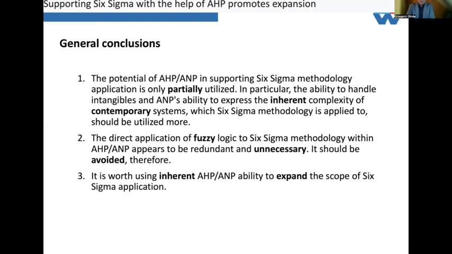We can see also that, for example, ANP is a kind of improvement for Six Sigma that is only very rarely applied, and we are aware of the drawback of using fuzzy logic, for example. Okay, thank you very much for your attention.